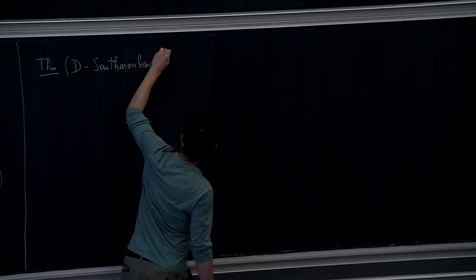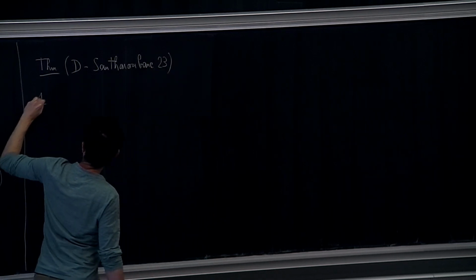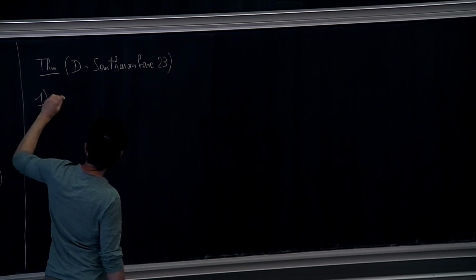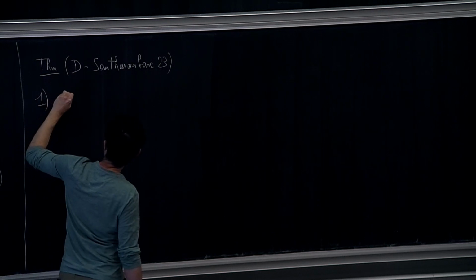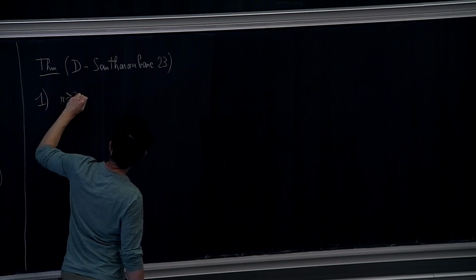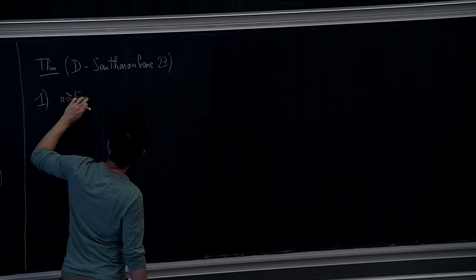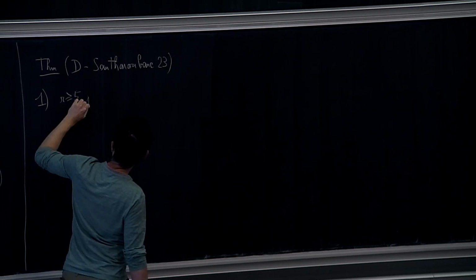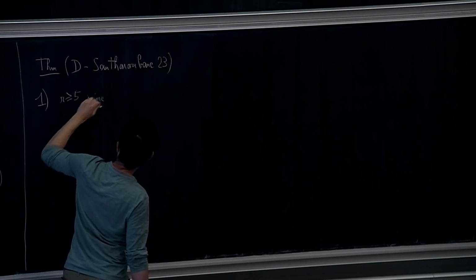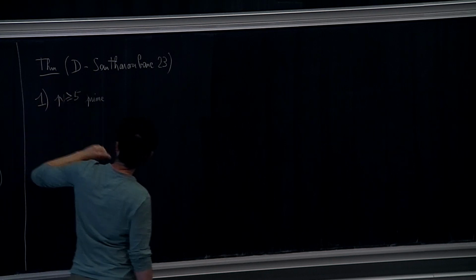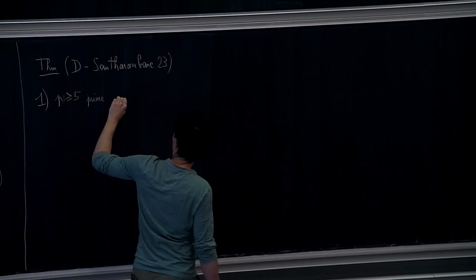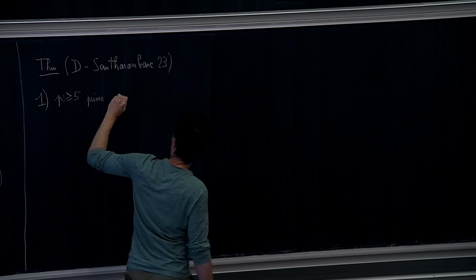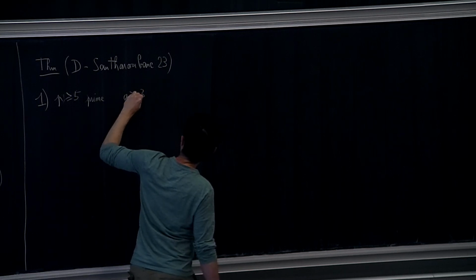From 23, which says the following. First case, we take R at least 5 prime, let's say I will call it P then, and g at least 3.